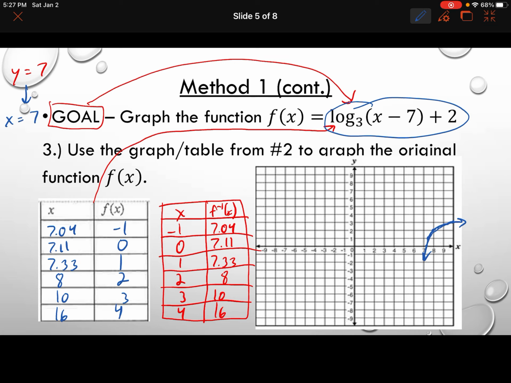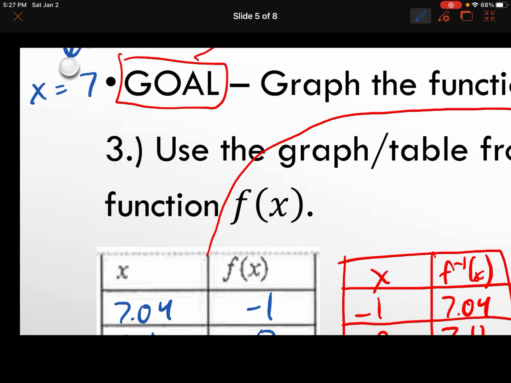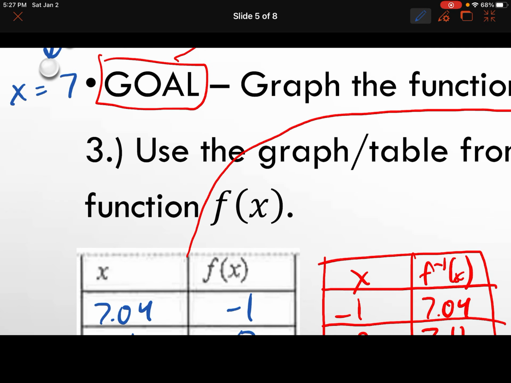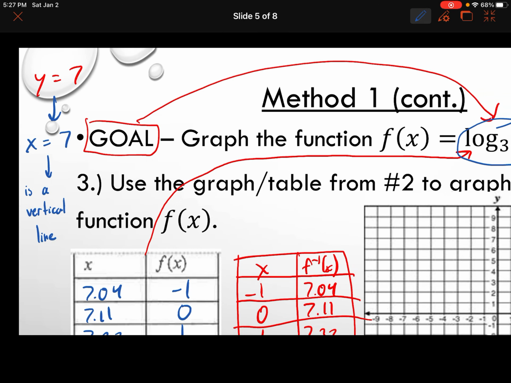Well, what does that look like? What does x equals 7 look like? For those that recall, if you were actually to graph it, x equals 7 is a vertical line. That's what x equals 7 looks like. It's a vertical asymptote now.